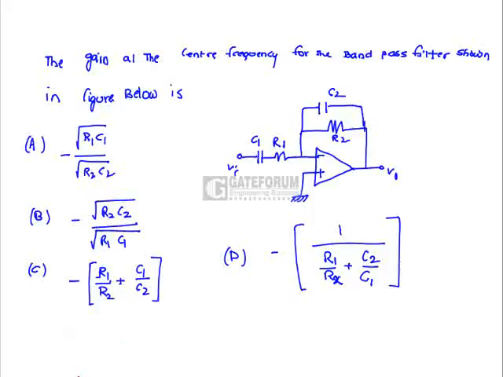The question is, the gain at the center frequency for the band pass filter shown in the figure below. Here for the band pass filter, the transfer function is some constant P multiplied with S square omega naught by Q, divided by S square plus omega naught by Q times S plus omega naught square.